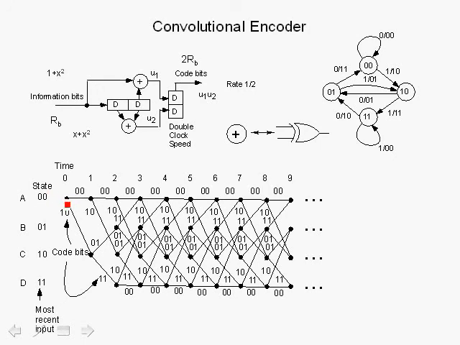So we begin with a node at state 0, and if we input a 0, we go up, and if we input a 1, we go to the right or down. So if we're at this node at state 0, 0, and we input a 0, then we stay at state 0.